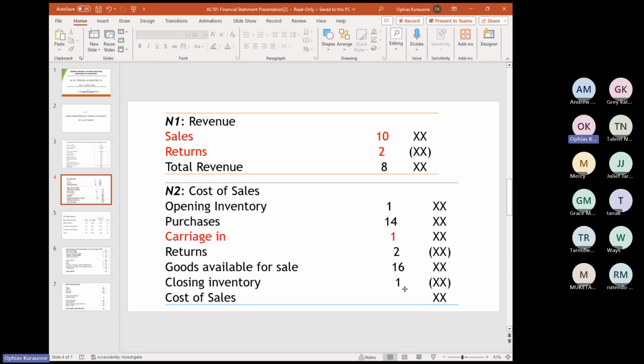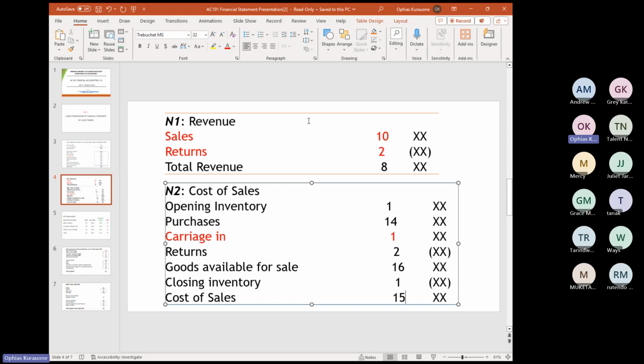Then you've got cost of goods available for sale after you've done all these. That is 16 minus closing inventory 1, then comes cost of goods. In this situation, our cost of goods becomes 15 here. These are critical because they control things and make sure that the organization can move smoothly.